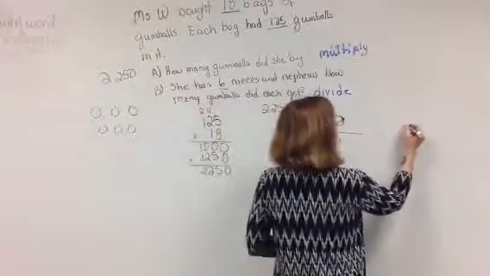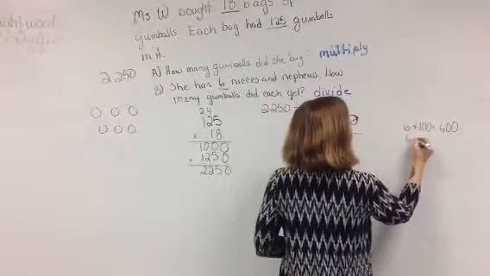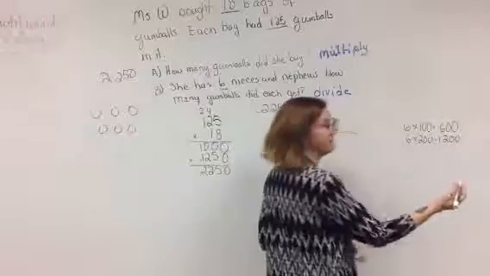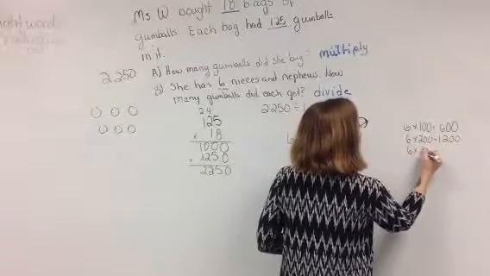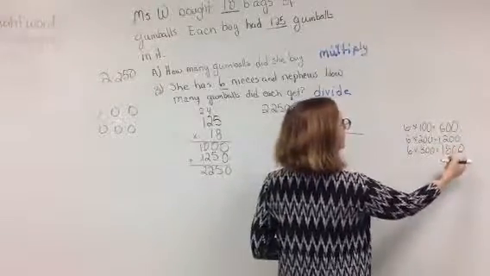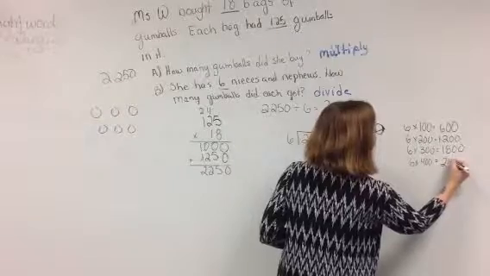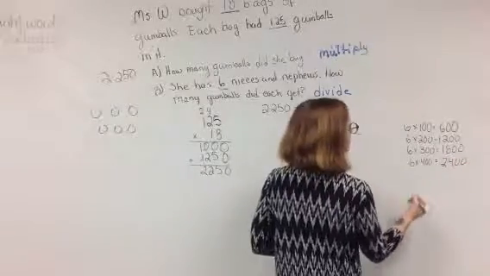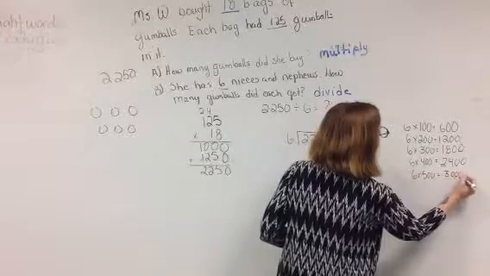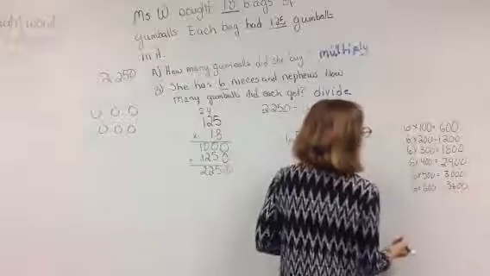So we're going to start with 100. 6 times 100 is 600. 6 times 200 is 1,200. 6 times 300 is 1,800. 6 times 400 equals 2,400. 6 times 500 is 3,000. 6 times 600 is 3,600.